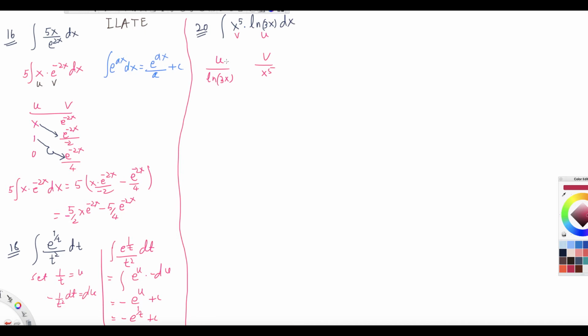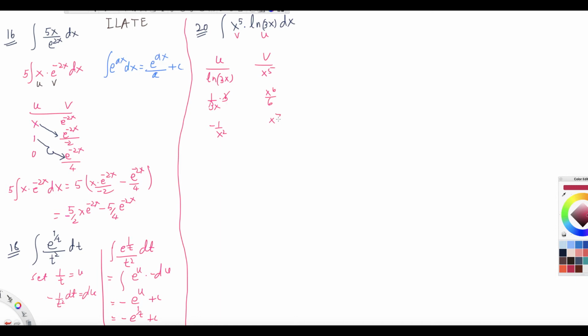Okay, so what I'm going to do is assume u as natural log of 3x and v as x to the 5. Look at this, find the derivative of that: 1 over 3x times 3, that is the derivative, right? What is the antiderivative of x to the 5? It is x to the 6 over 6. Now you cancel that, so you get 1 over x. What is the derivative of 1 over x? Negative 1 over x square.